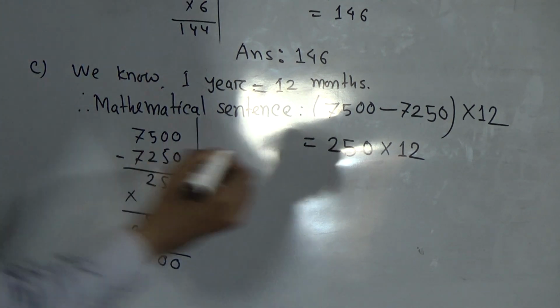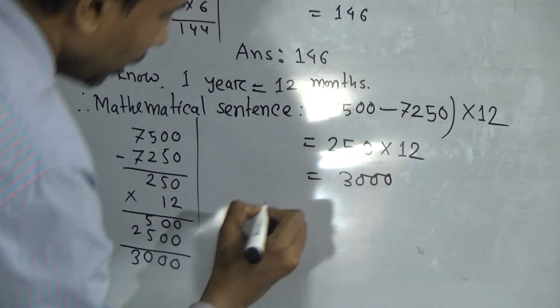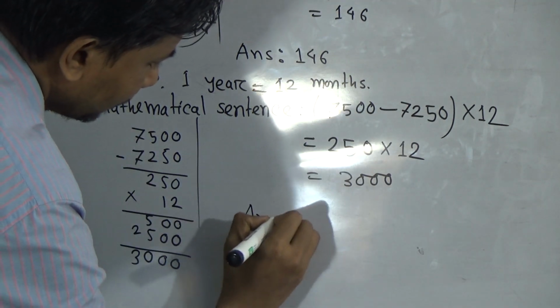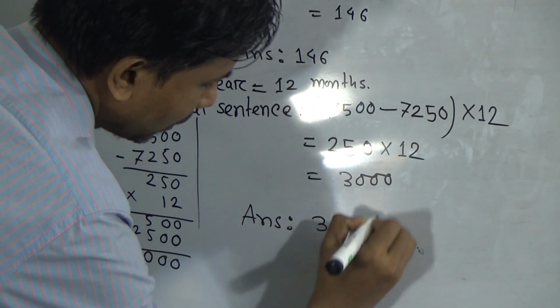Okay. Now write this is equal to what? 3000. Now write the answer. The answer is 3000 taka.